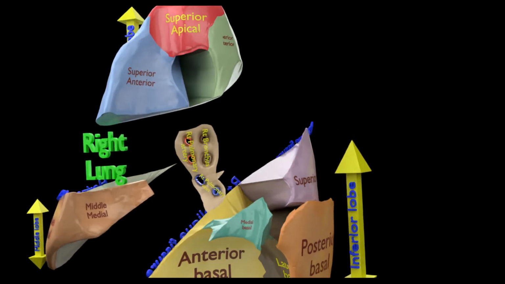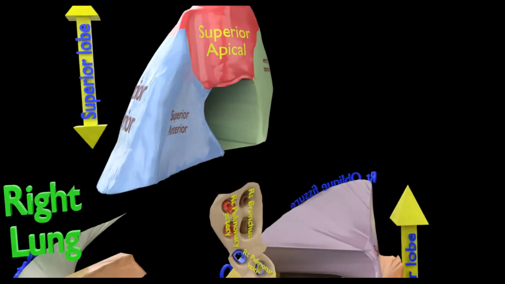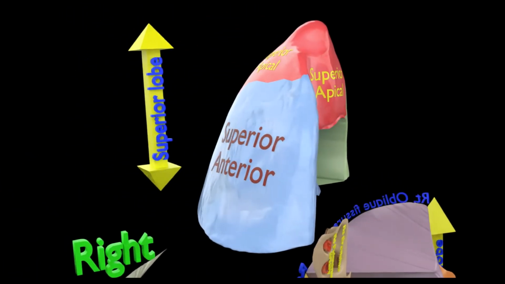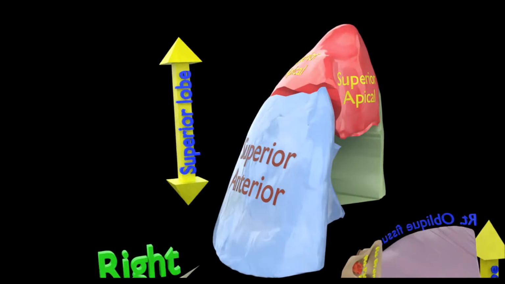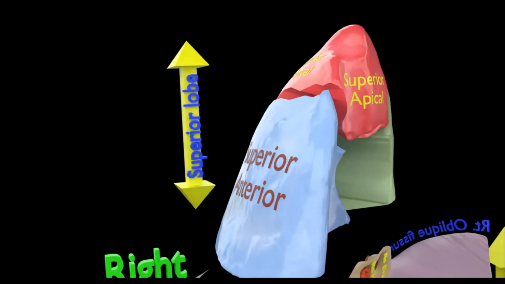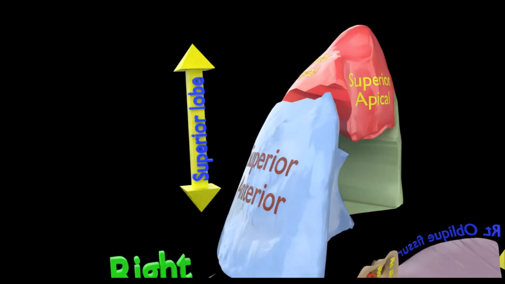Focusing on the superior lobe, you can appreciate that it has three bronchopulmonary segments: the superior apical, the superior anterior, and the superior posterior segments.